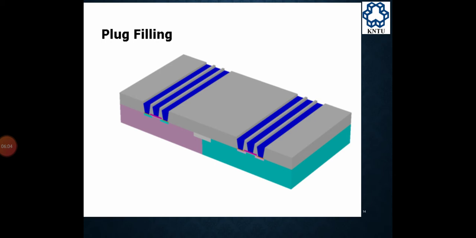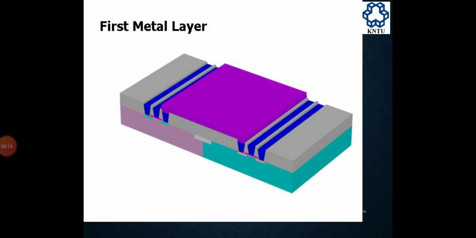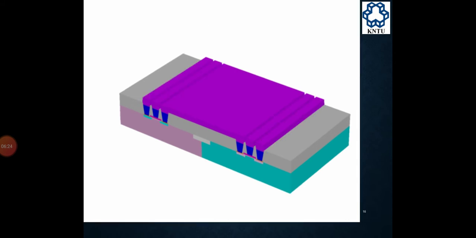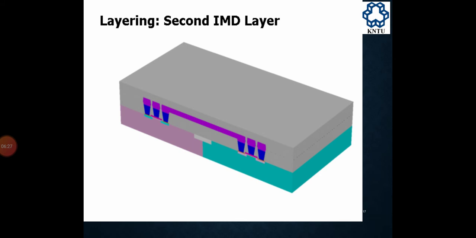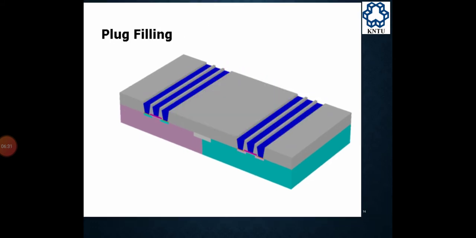Now we put some material like SiO2, as we studied in previous lectures. Here we put SiO2. Now first metal layer, we have connected above it. This one is the first metal layer. And now this is the second IMD layer. Above the metal layer we have put another IMD like this one.